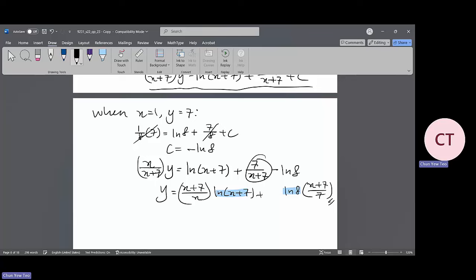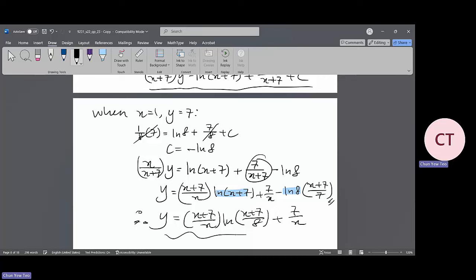So this one is 7 over x minus this. So you will get this one as x plus 7x ln x plus 7 over 8 plus the 7 over x. Okay. So these two combine together, and then you get this. So therefore, that is your final answer.